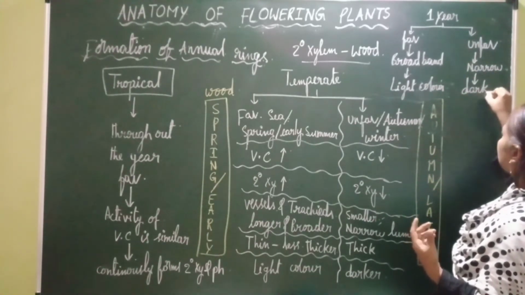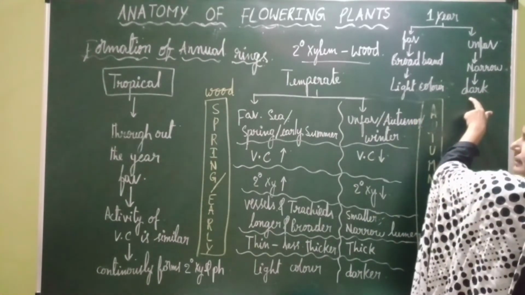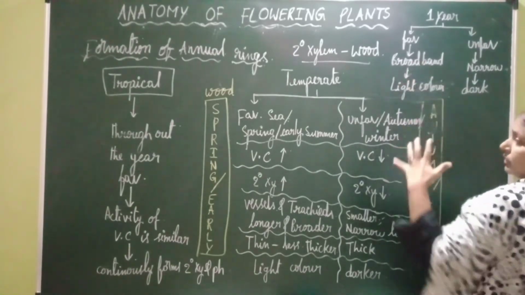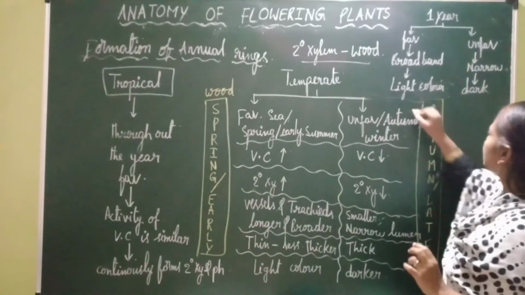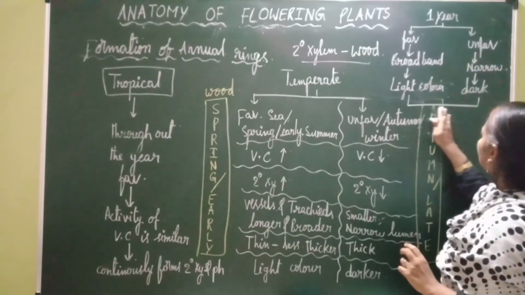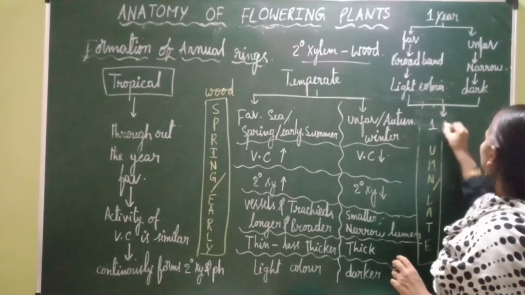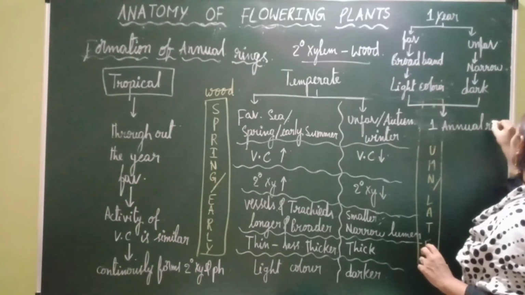So a ring of light colored wood and a ring of dark colored wood, or a ring of broad band of wood and a ring of narrow band of wood, is formed in the same year. These two rings together represent one annual ring, right?